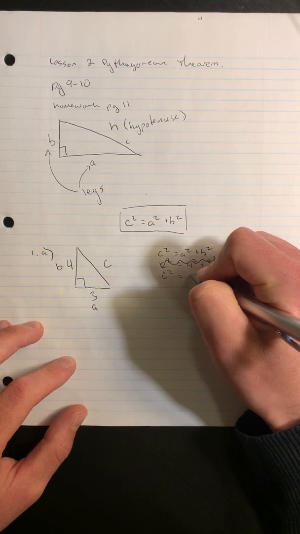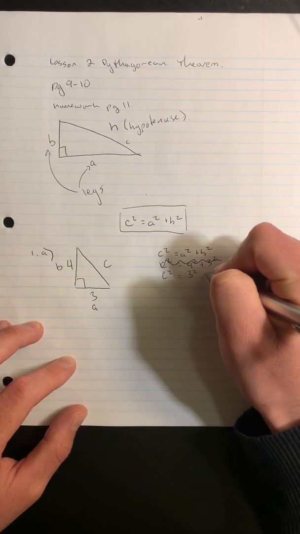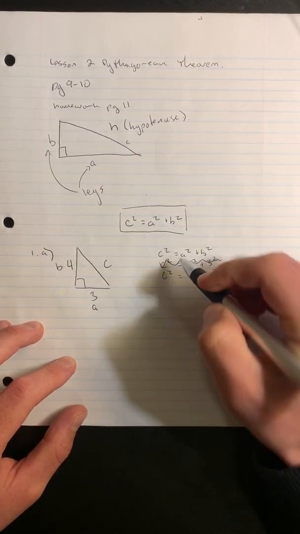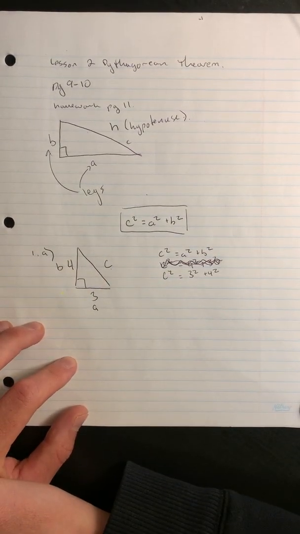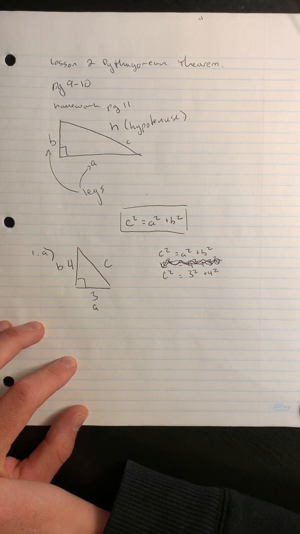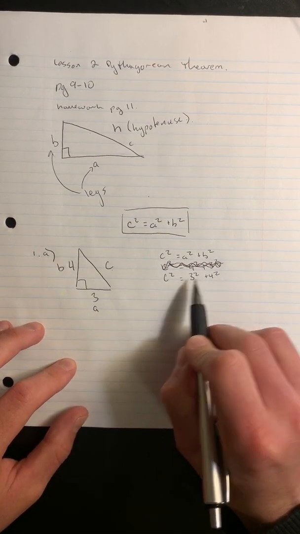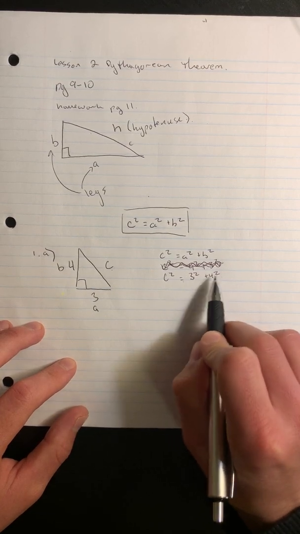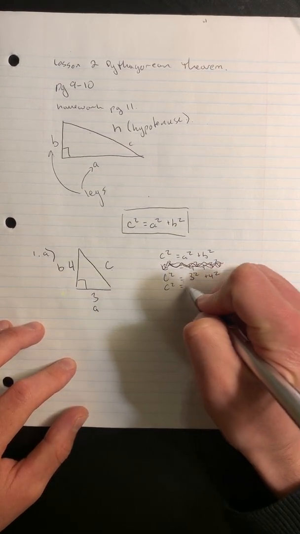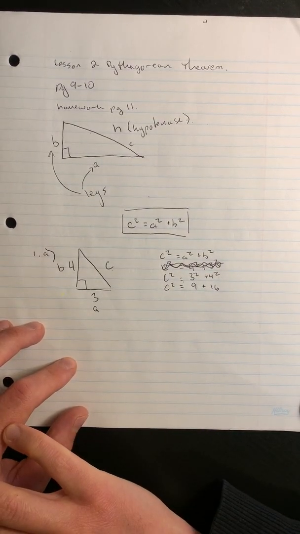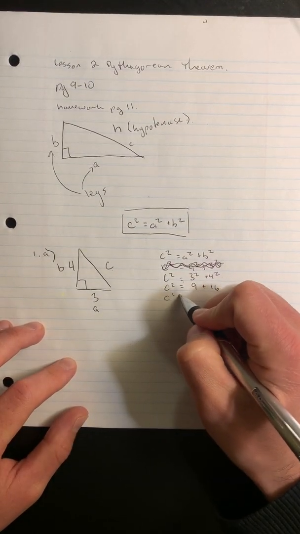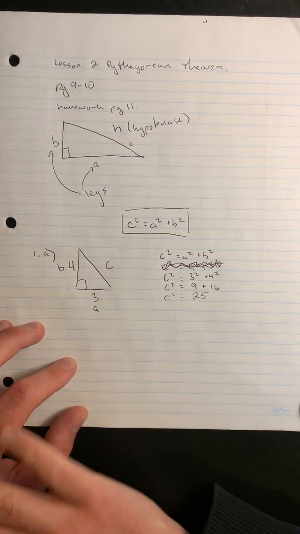C squared equals 3 squared plus 4 squared. Should be the correct way to write it. Okay, so now what we have to do is rearrange and solve. So the first thing we'll do is we'll square each of our numbers here, 3 squared and 4 squared. So we'll get C squared equals 9 plus 16. Okay, C squared equals 25. All I've done is I've added.